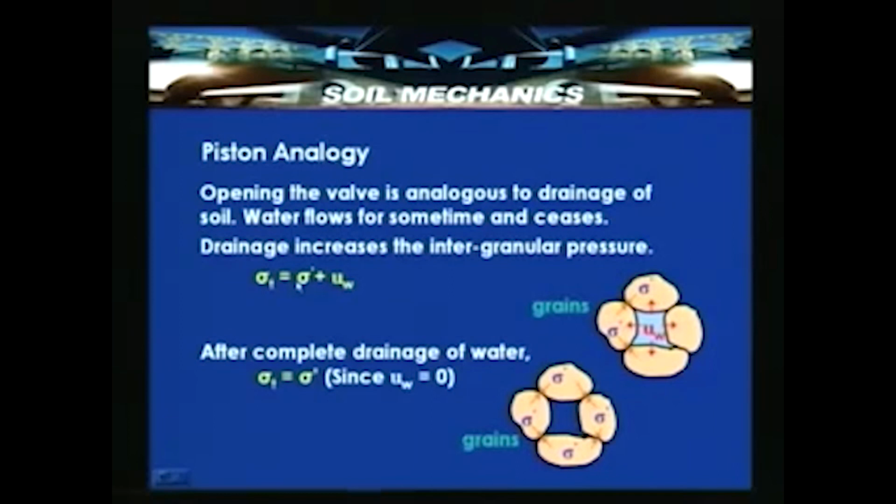Now, with water escaped from the soil mass, they are in a position to apportion the load by mobilizing grain to grain interaction. So, sigma t, the total stress, is equal to sigma dash plus uw. After complete drainage of water, once the pore water pressure entirely escapes, uw is equal to 0, and under no flow conditions sigma t is equal to sigma dash.